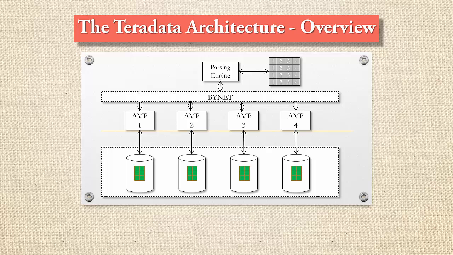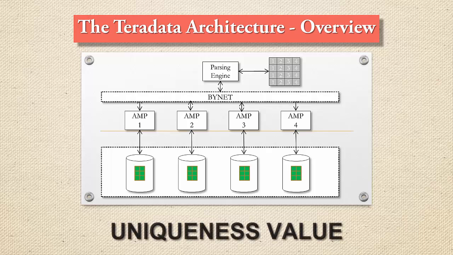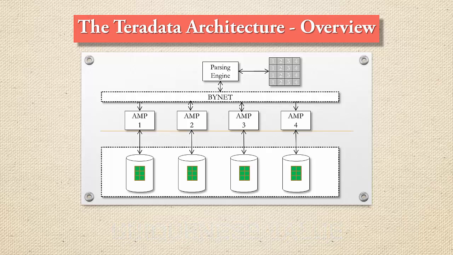This is where the 32-bit uniqueness value helps us out. The row hash value, together with the uniqueness value, a separate value, allows finally to identify each row uniquely on the disk level. Why is that necessary? Why do we store uniqueness values along with the row hash?